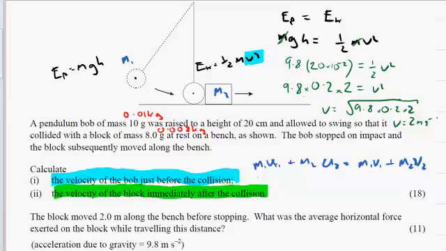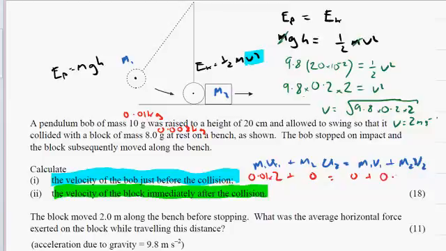So m1 u1 is 0.01 times u1, which is the velocity we just worked out, times 2, plus m2 times u2, that's going to be 0 because it's not moving at the start, is equal to m1 times 0, because the first object is not moving after, so that's 0, plus m2 v2.